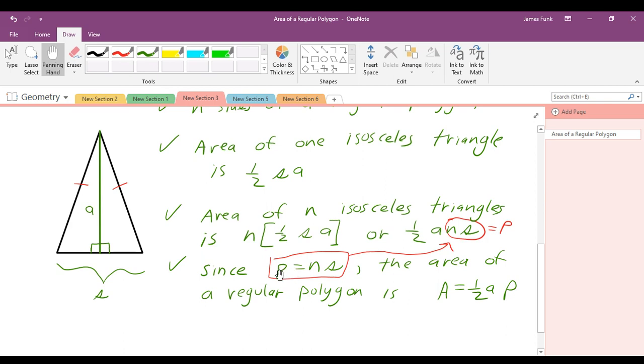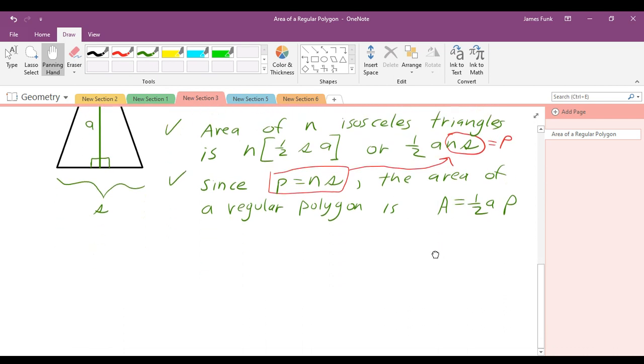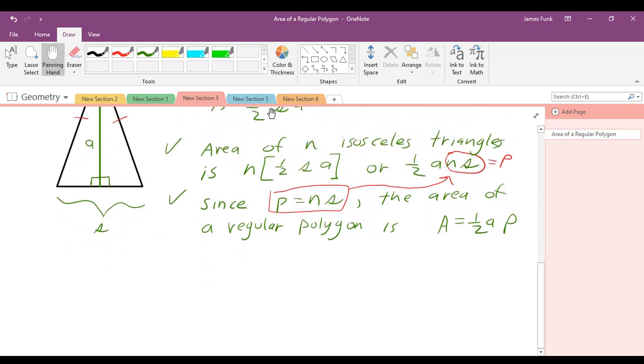So the perimeter P was N times S. So if you go back up to this formula right here and replace N times S with P, then that's going to give us an area formula for that regular polygon. So it's actually pretty simple once you have the formula to use it. The area of a regular polygon is 1/2 times its apothem times its perimeter. Okay, and we're going to go through a couple examples to show that.